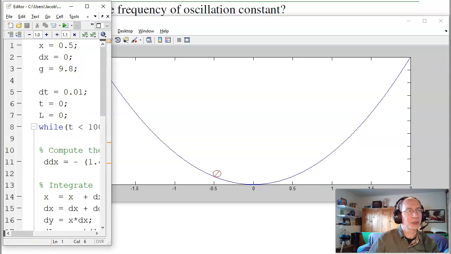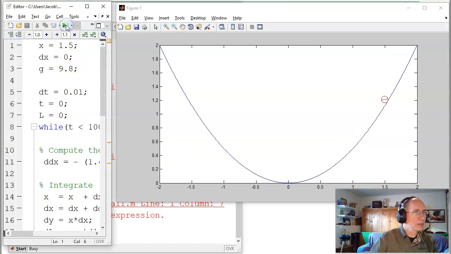Again, this isn't running in real time. 1, 2, 3, 4, 5, 6, 7, 8, 9, 10, 11, 12-ish. Takes longer. So the period depends upon amplitude. It's a lousy clock.